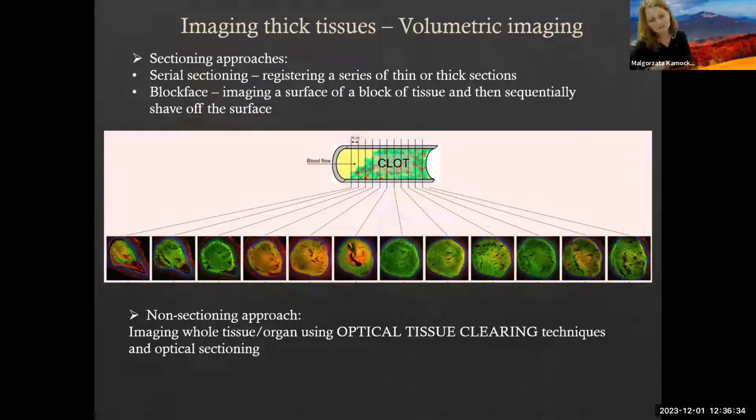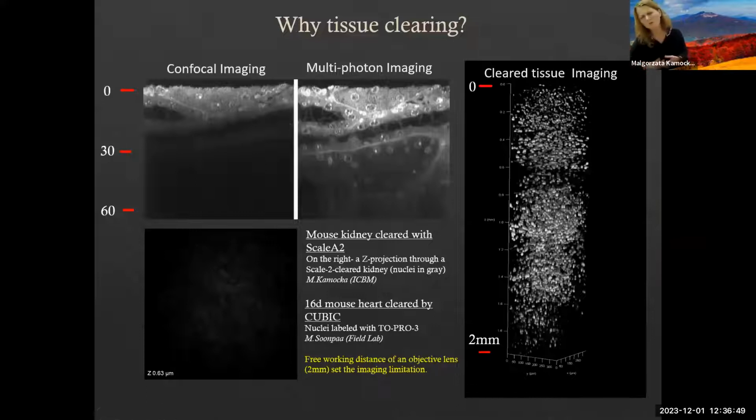But the best approach for imaging would probably be a non-sectioning approach, which is possible by using optical tissue clearing techniques, and that's what I would like to talk about. So you may say, okay, we image organs, we do intravital microscopy, so why do I need optical clearing?